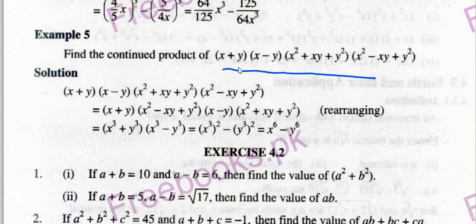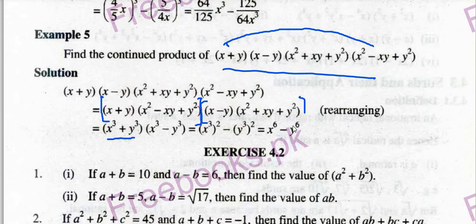This is x plus y, x minus y, x square plus xy. Okay. You are going to make pairs. X plus y into this. This is a formula of x cube plus y cube, and this is the formula of x cube minus y cube. Okay, and these are a cube plus b cube into a cube minus b cube.